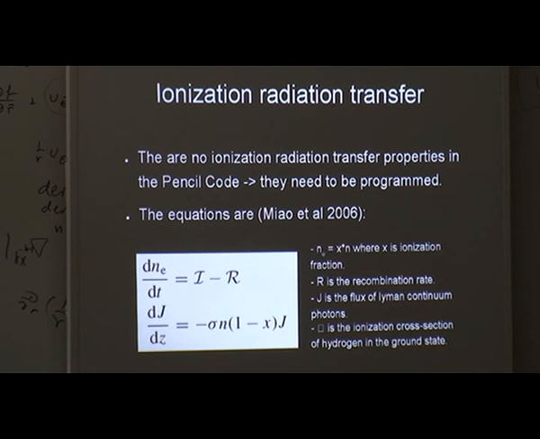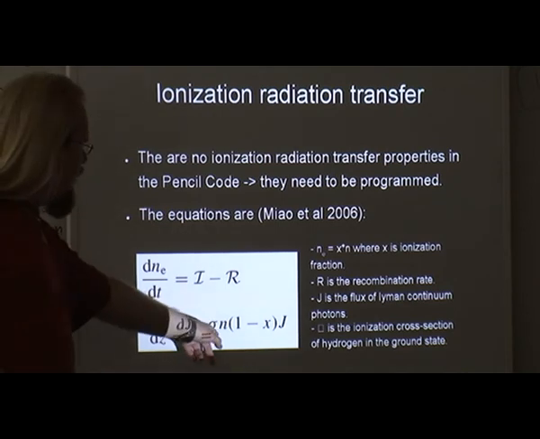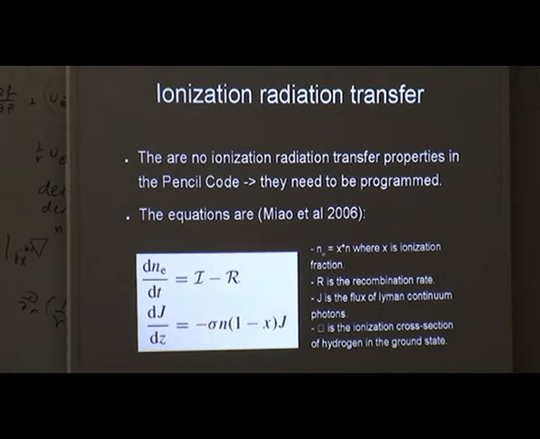There are some irritating things about this, because firstly I cannot find the reference where it is taken from. For example, this sigma is the so-called ionization cross-section of hydrogen in the ground state, which I think means the probability that an ionizing photon ionizes the hydrogen atom.